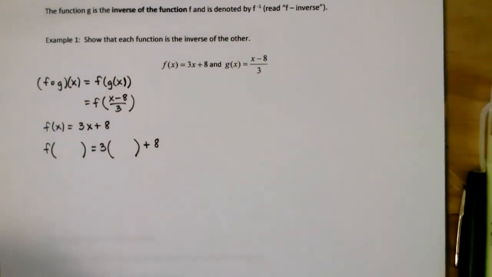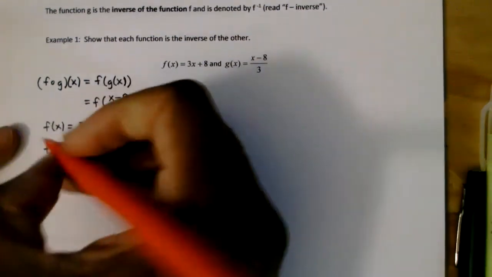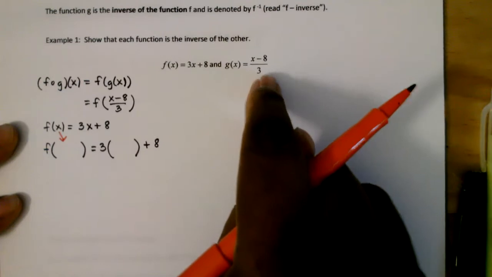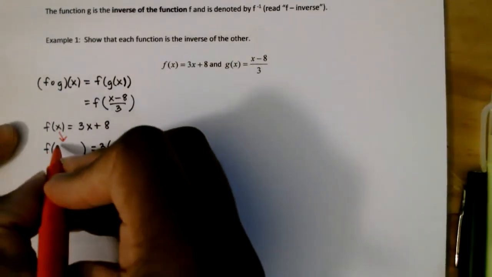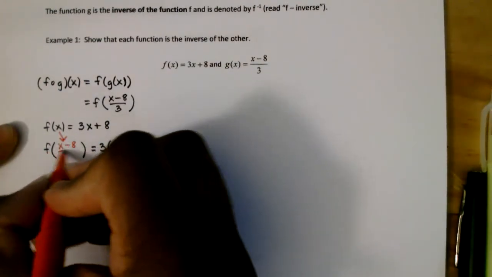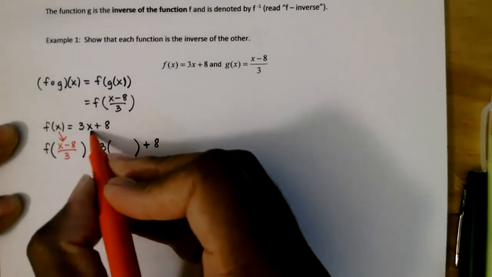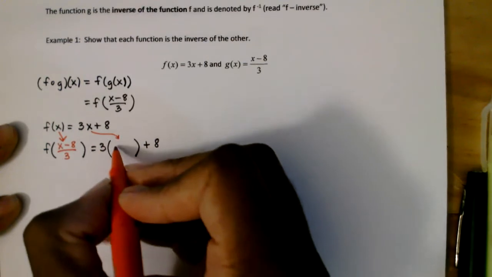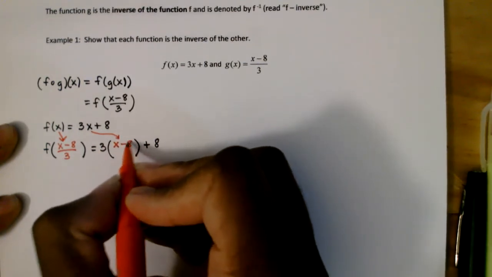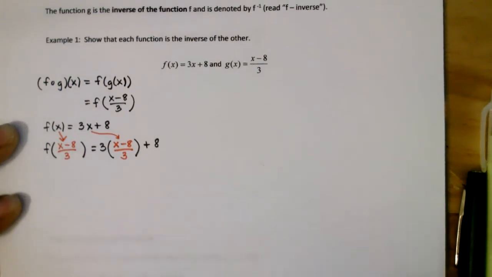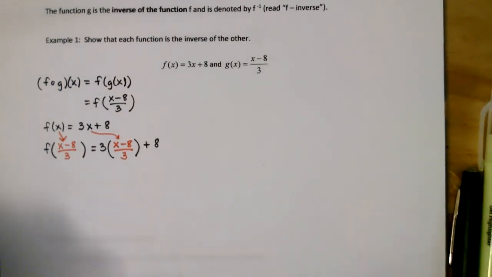If you recall, this x in f of x is substituted with g of x, which is x minus 8 over 3. And in 3x plus 8, that x will be substituted with g of x, which is x minus 8 over 3. Then we're going to simplify the right-hand side.